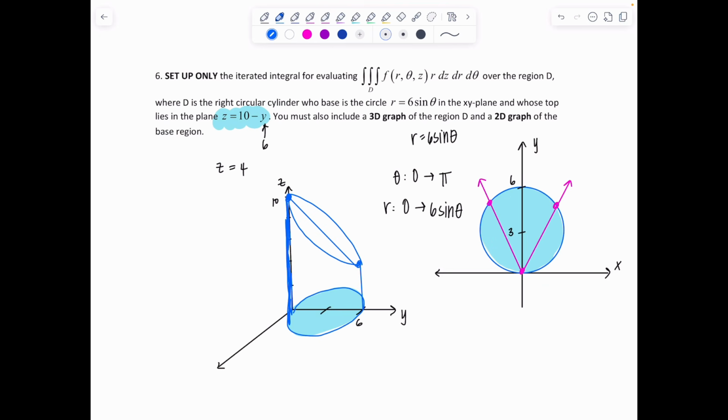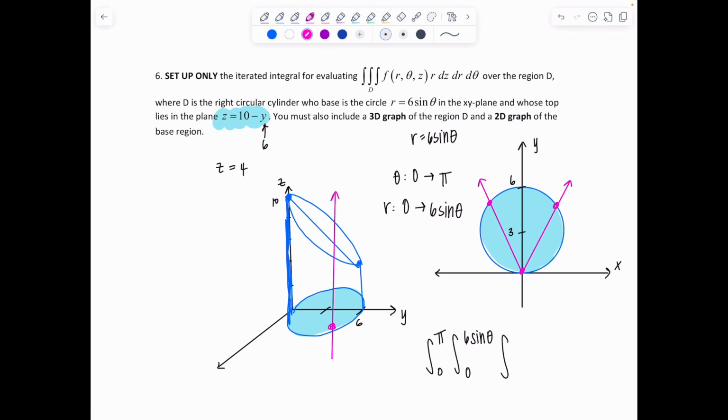Okay, so we have to set up the integral. I've got my graphs. Here we go, people. Theta's on the outside, 0 to pi. Then we have r, 0 to 6 sine theta. Then we need limits for z. Shoot a bullet in the z direction. This one's maybe more obvious.